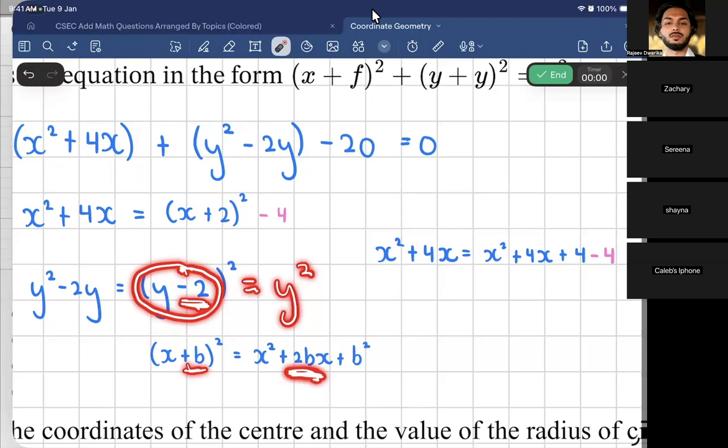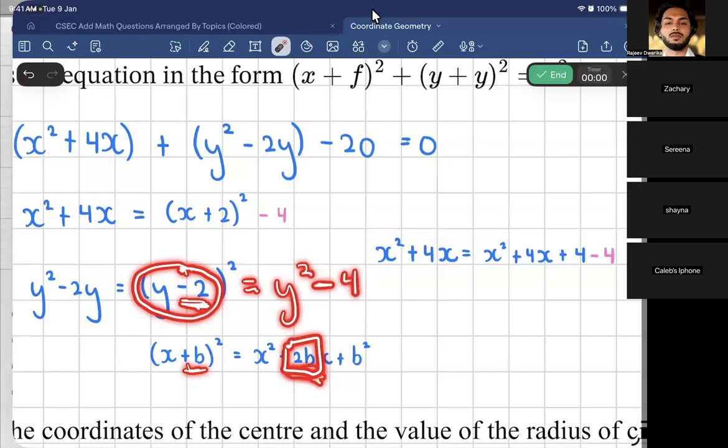Remind me again, what's b? B is minus 2, and b is being multiplied by 2, because it's 2b. Right. So what's 2 by negative 2? Negative 4, sir.